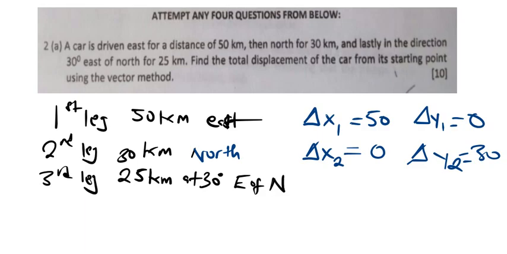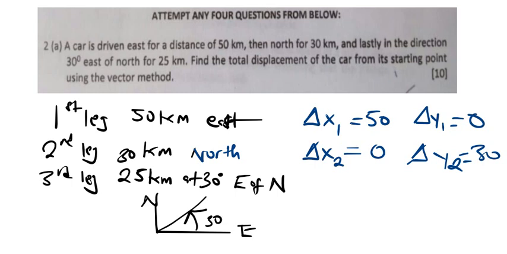So now you know that an angle is going to be produced there. If this is the north, this is the east, and this is our angle, this is 30 degrees east of north. It means you're going in this direction, and this will be your 30 degrees.